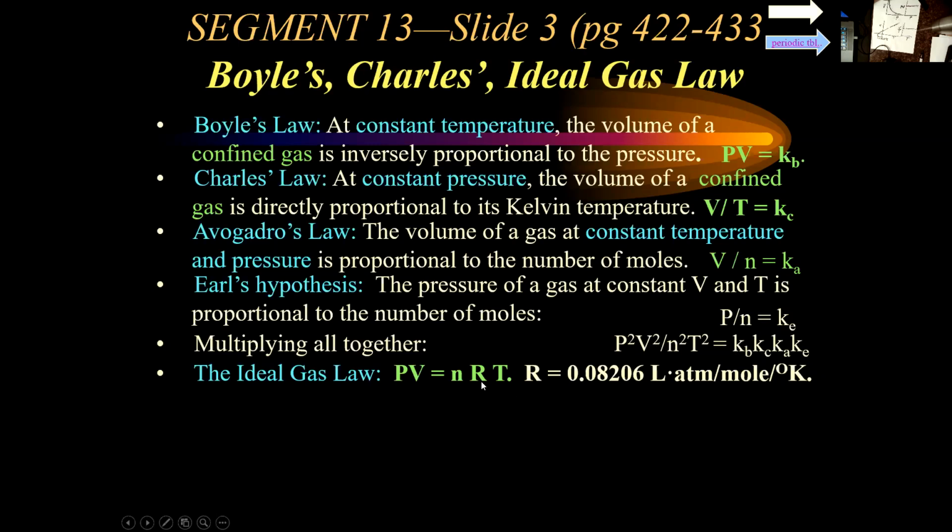So this is called the ideal gas equation. Pressure times volume is number of moles times R times temperature. R is a constant. The value of R we can very easily measure.